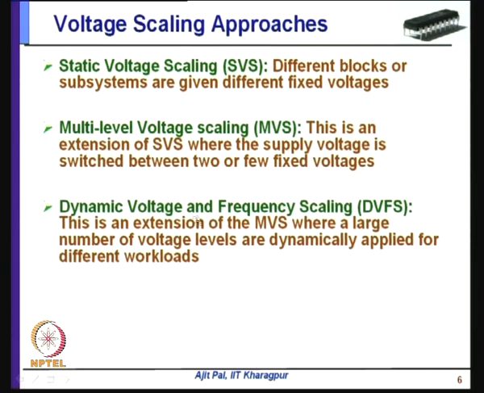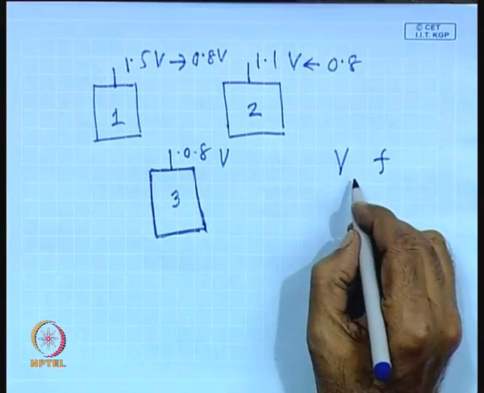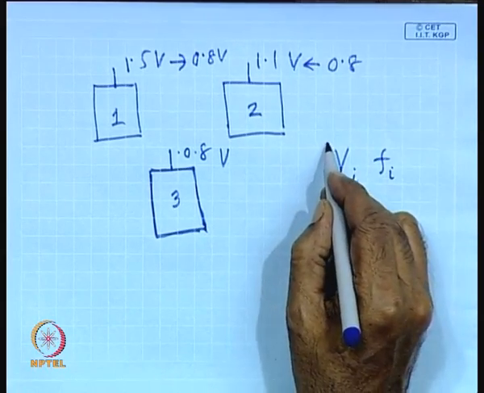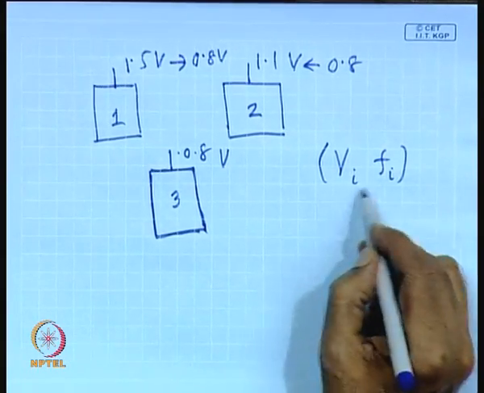Then comes the dynamic voltage and frequency scaling, which is an extension of the multi-level voltage scaling, where a large number of voltage levels are dynamically applied for different workloads. So, this particular technique is based on the monitoring of the workload of the processor, and as the workload changes, the voltage and frequency, so we can say Vi and Fi a pair, this pair is kept on changing depending on the workload. Why both are changed?